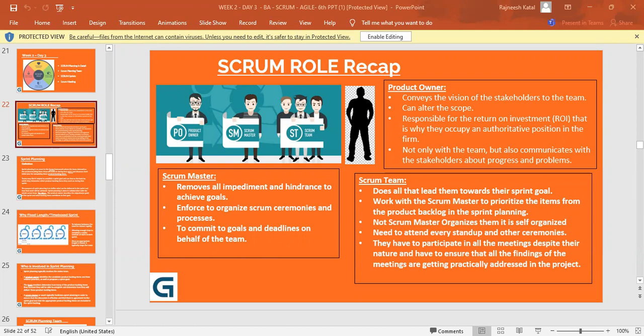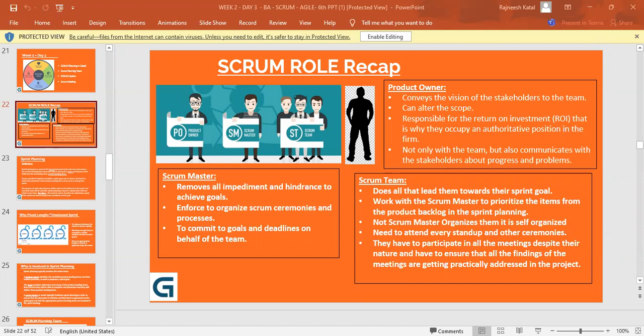That means the ultimate delivery of the product, achieving a particular goal. For example, a company is looking at some target profit, or having maybe 1,000 customers. This might be the goal of the senior management or company. So achieving those goals is the conveying of this vision.